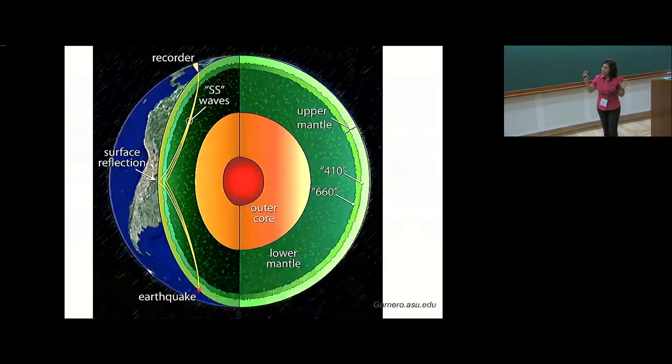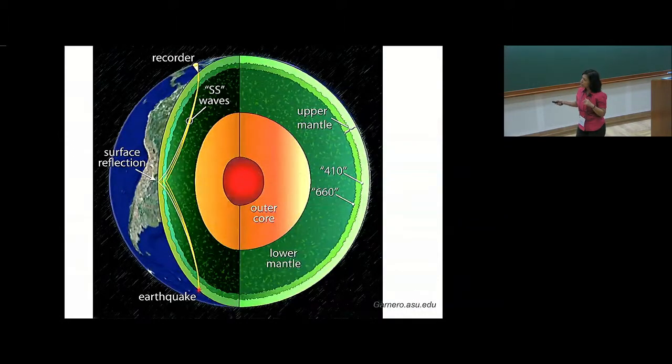Here is a schematic of how all this works. Suppose you have an earthquake at some point in the Earth, and once the earthquake occurs, it radiates out waves. We call them seismic waves. These waves travel through the Earth, and as they travel, they get reflected and refracted at various boundaries. We call them discontinuities.